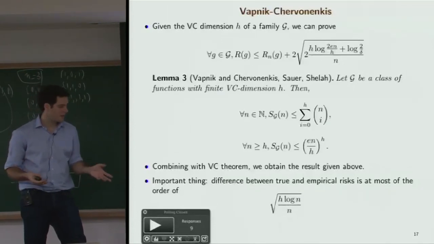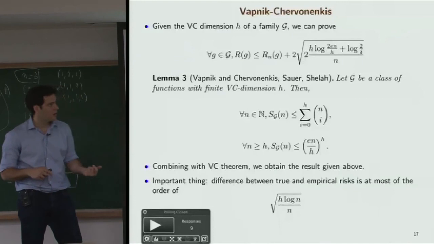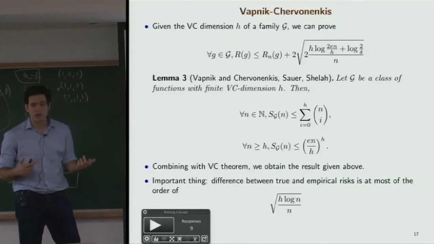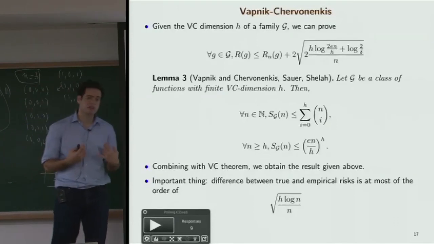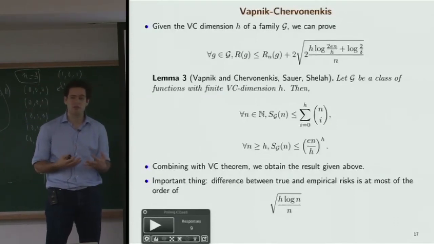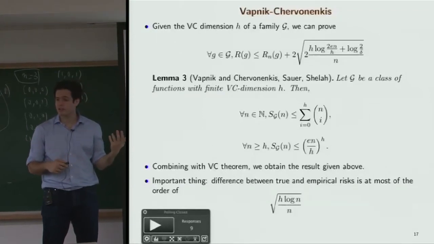Basically, he came up with a result which shows that when you use hyperplanes, so we all know that hyperplanes are robust and more robust than polynomials or higher order polynomials, etc. But this was a way to quantify exactly this.